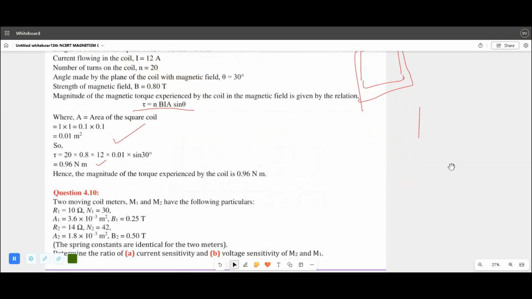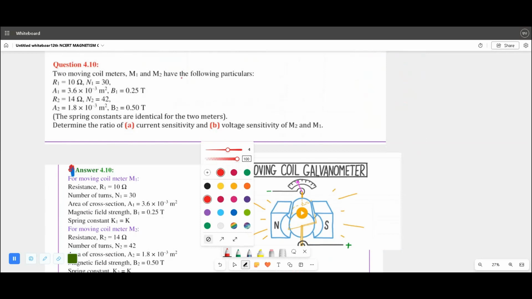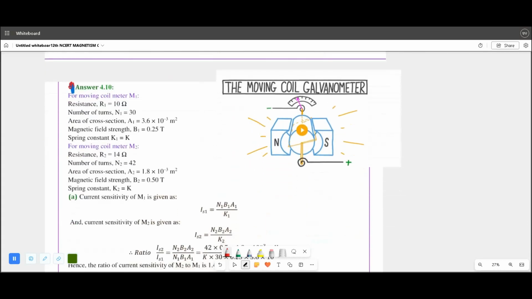We'll go further down. We have next question 4.1. It says there are two moving coil meters, M1 and M2. Here I have shown you a moving coil meter. In the moving coil meter, you have the same concept of NBIA, which is a torque, right? And that is equal to what? There's a torsion constant K and the angle of deflection, that is theta.